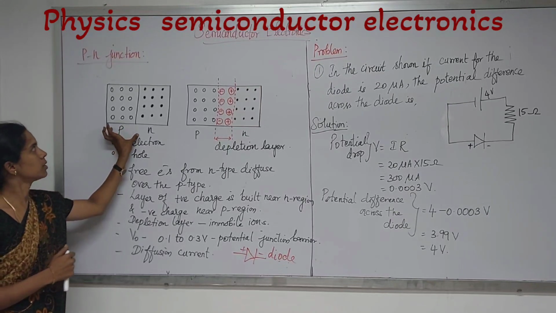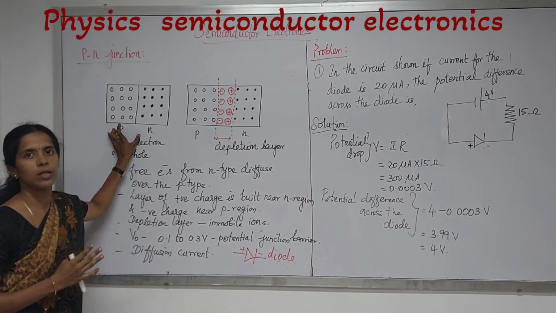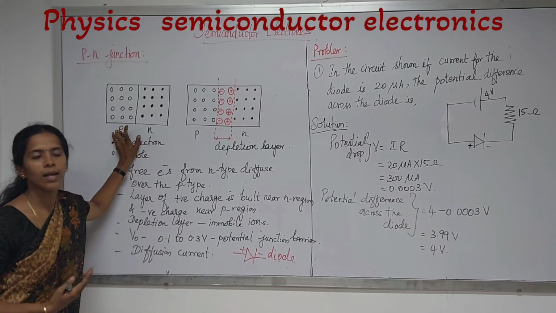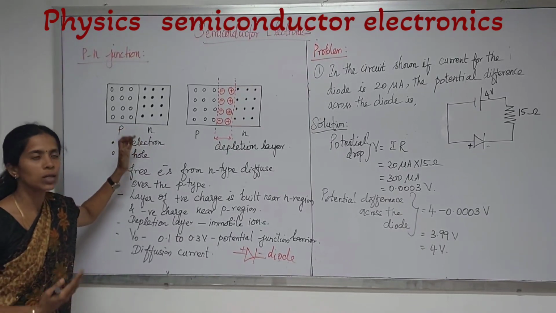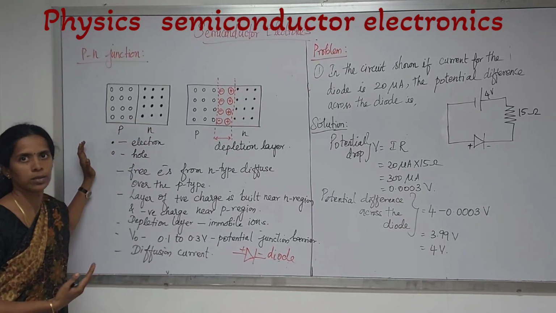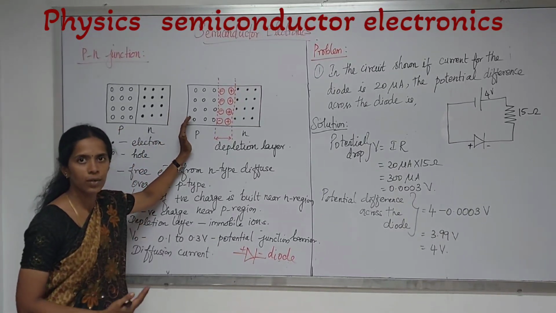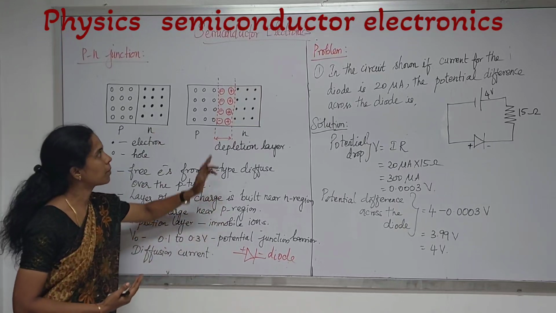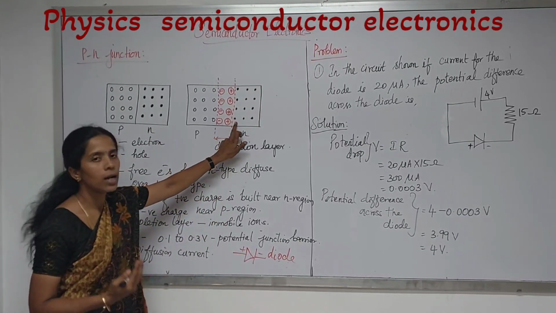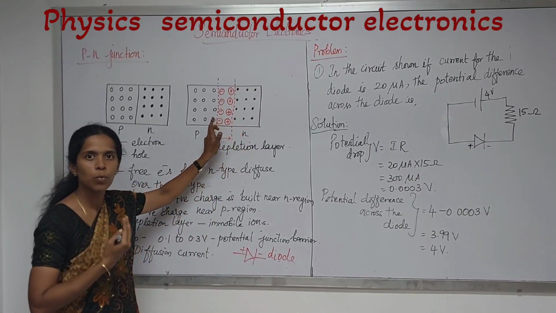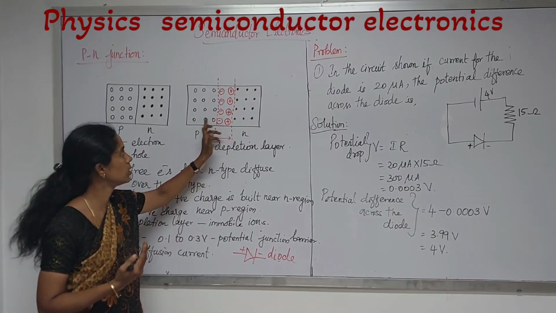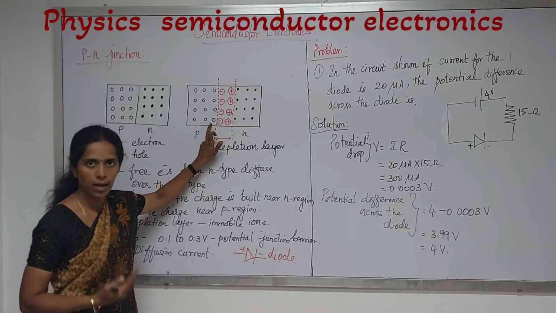In this question, if we give an external electric field, what happens to the electrons and holes? We are going to see that. In the presence of the applied electric field, the electrons move, or diffuse, towards the positive charge carriers.